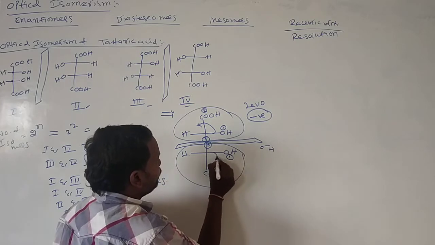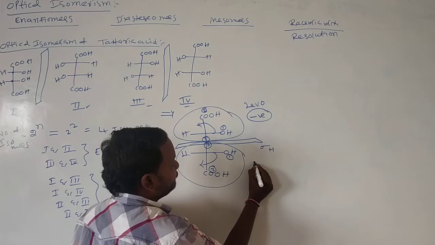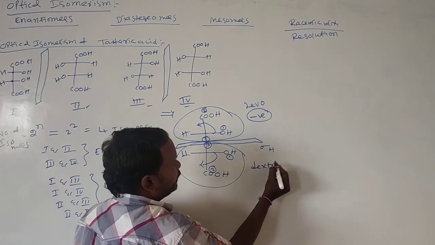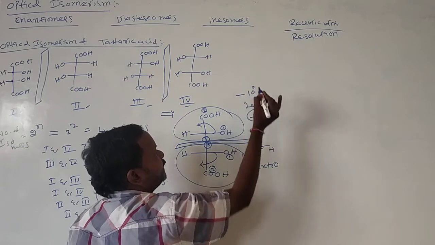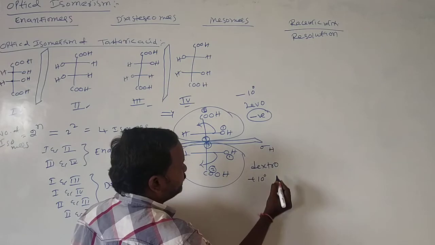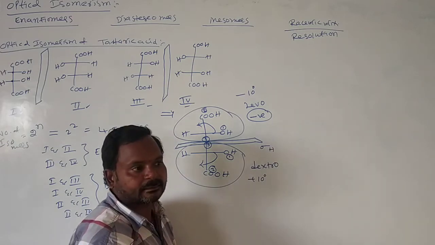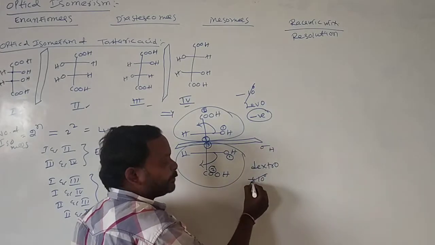Here the priority groups are arranged like this, clockwise direction, I am taking dextro. Suppose it rotates plane polarized light by minus 10 degrees. The other rotates plane polarized light by plus 10 degrees. Minus 10 degrees is cancelled by plus 10 degrees.